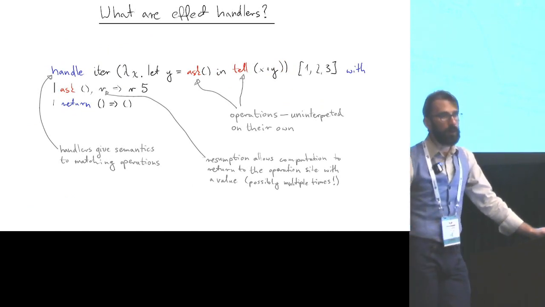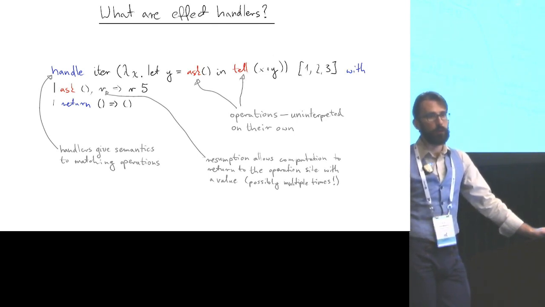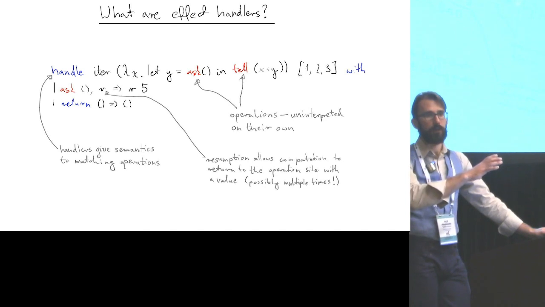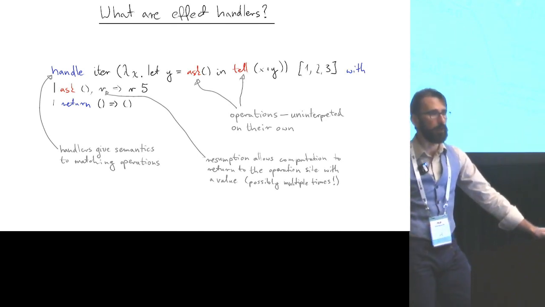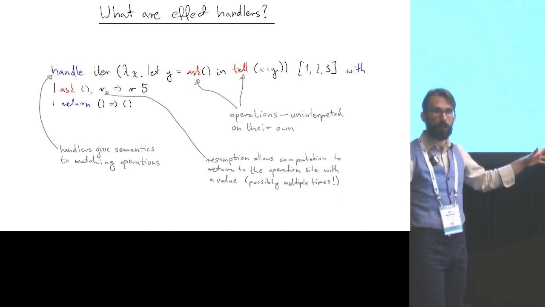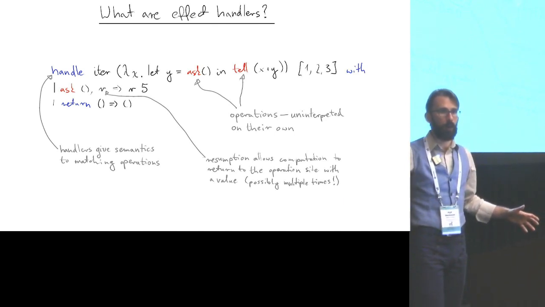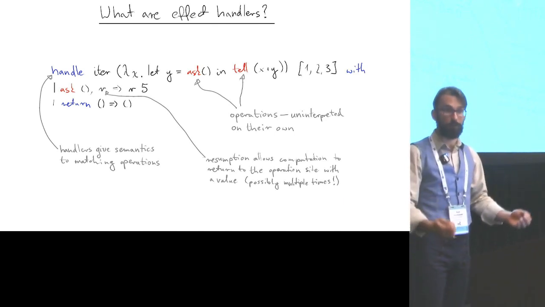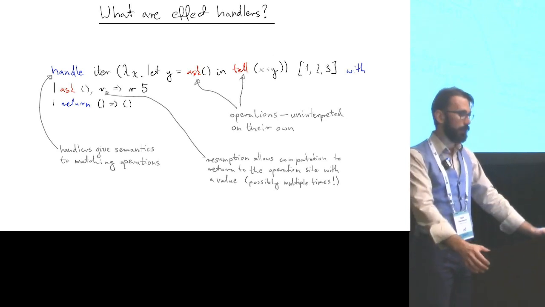Well, I think this can appear through partial evaluation, where you know the definition of the function, which is in one module, but you still know it, and then you have some call, and if you inline the call, suddenly you have the ask and the handle.